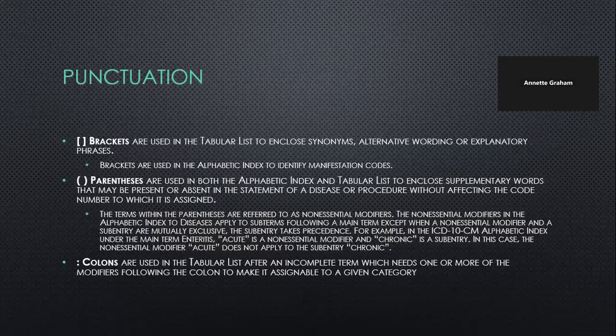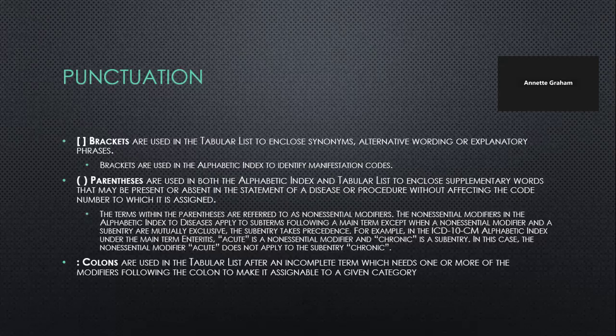If you are new to coding or you are a seasoned coder, we know that our guidelines tell us that if acute and chronic conditions occur as two separate codes and not as a combination code, we will place the acute diagnosis before the chronic diagnosis.